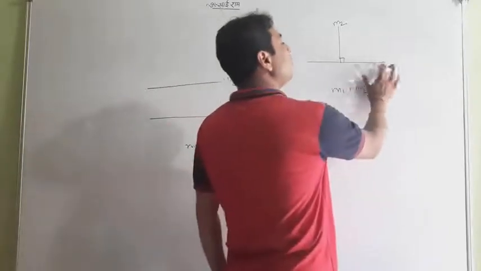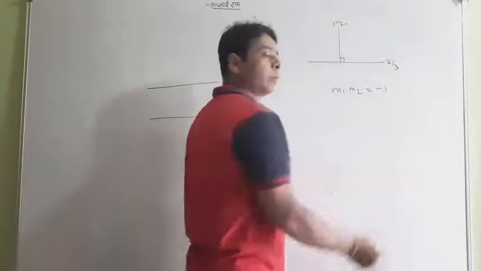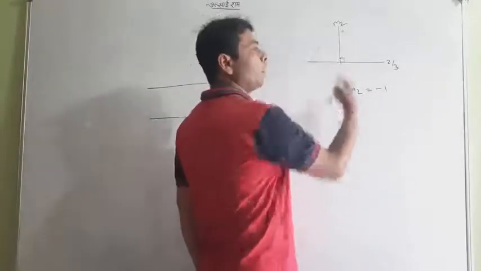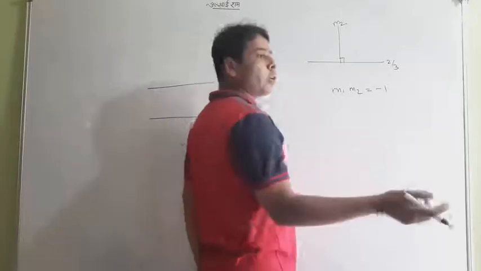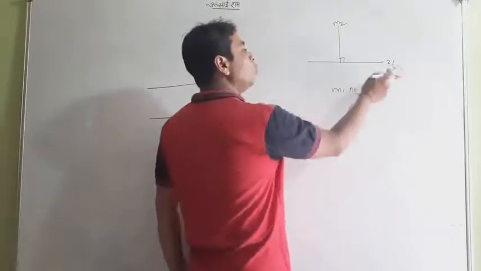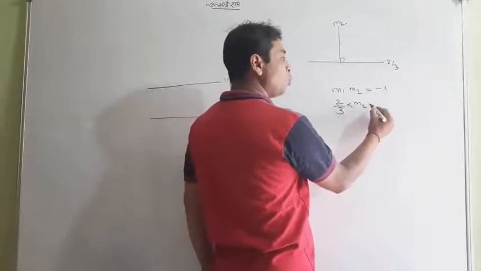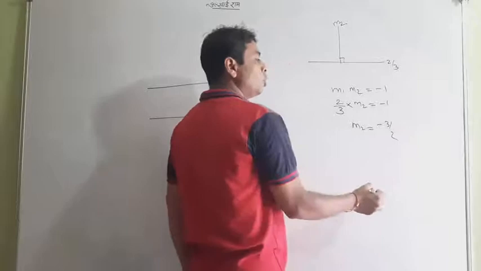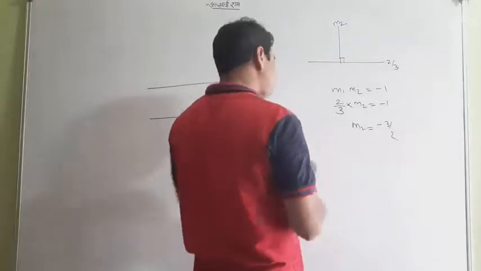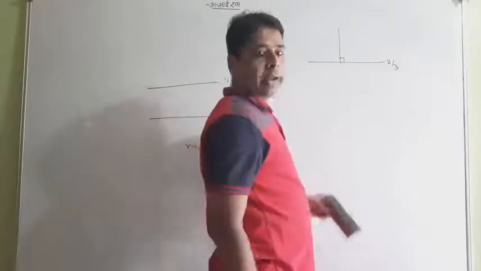If the slope of this line is 2 by 3, what will be the slope of the perpendicular line? One more trick we can adopt here. Suppose m1 is 2 by 3 and you want to find m2, so m2 will be -3 by 2.